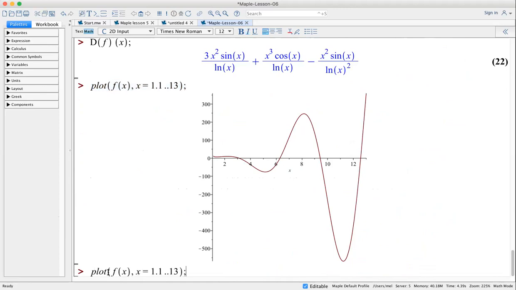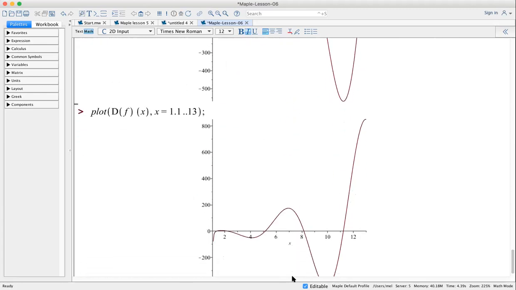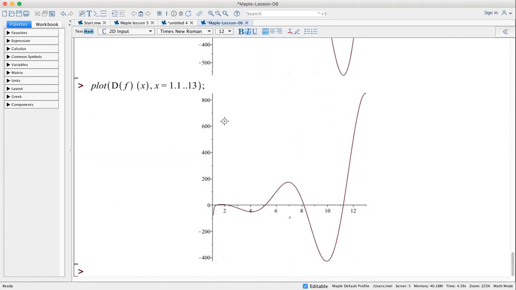Suppose I plot the function d of f of x. It's kind of weird. Let me plot the two of them together. So again, when I'm plotting several functions, I put them in curly brackets separated by commas.